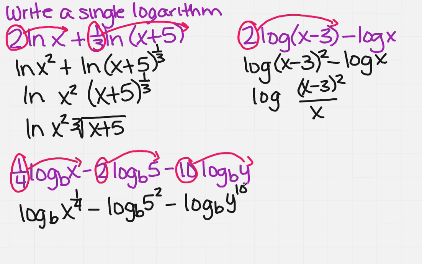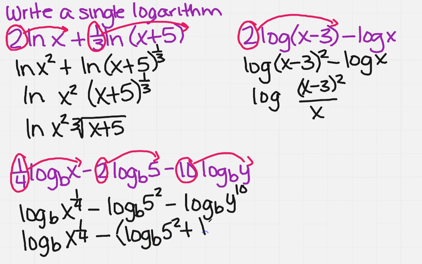Remember, if you've watched some of my previous videos, we had one where we expanded over here on the right. So it would be easier if I could figure out where I need to put everything. So what if I rewrote this as just subtraction only one time? Well, if I did that, this would be minus parentheses log base b of 5 squared plus log base b of y to the 10th.